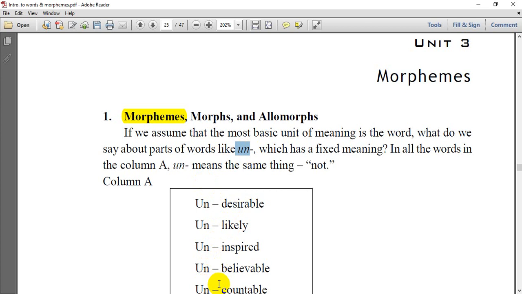What do we say about parts of words like un, which has a fixed meaning in this example? Un means the same thing: not. This is a negative meaning.